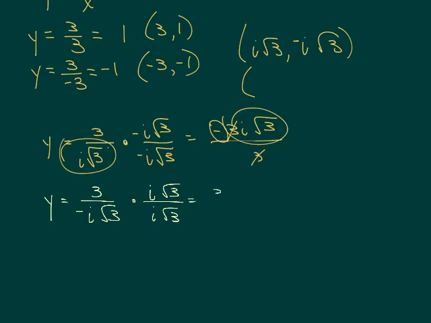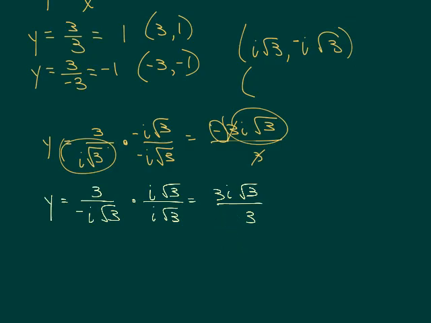That gives me 3i square root of 3 over negative i squared times the square root of 3 times the square root of 3, which is going to give me just a 3 there. Negative i squared is negative 1, so that gives me a positive 1 there, so I can just get rid of it.